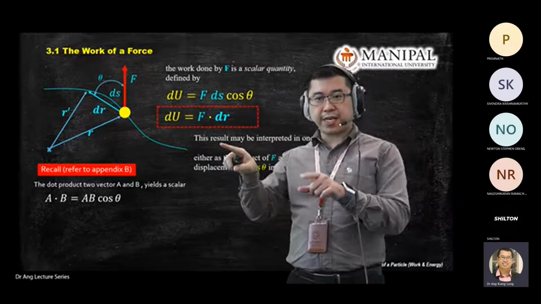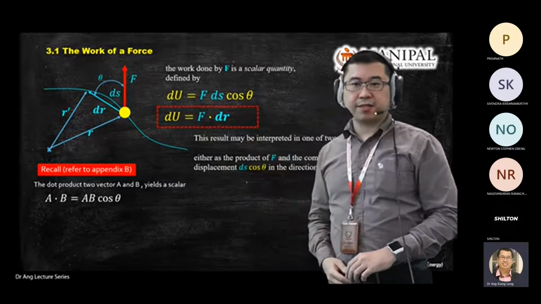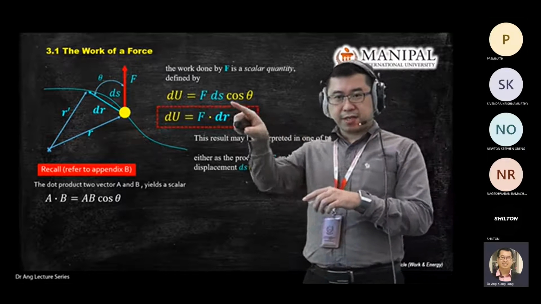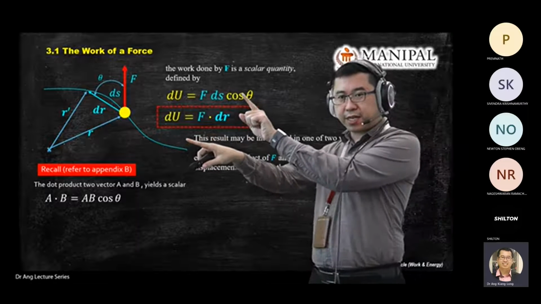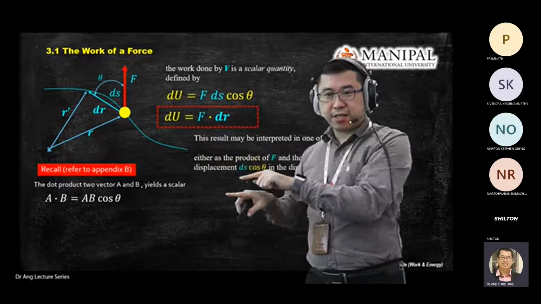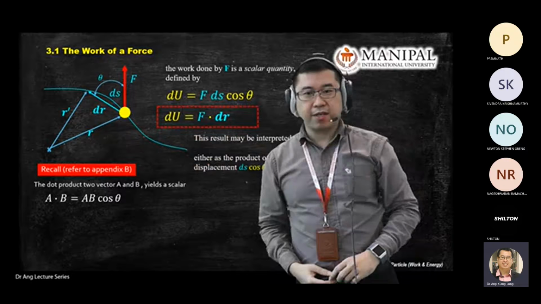When your force and displacement align in the same direction, you get work. Let's say your displacement is going this way. As long as your force aligns with it in the same direction, this dot product will give you work.